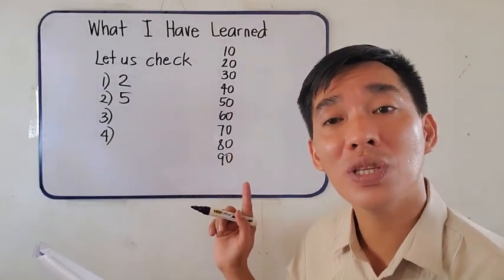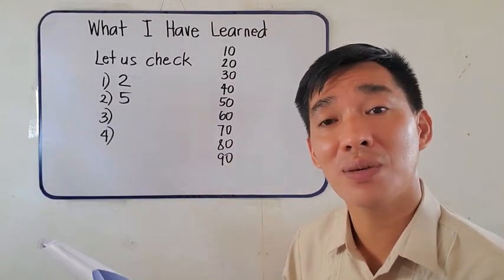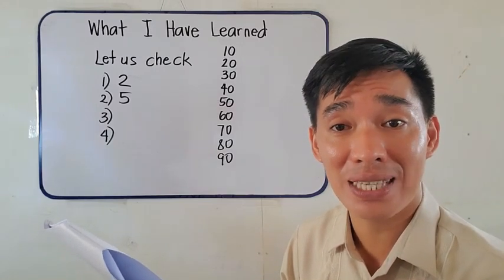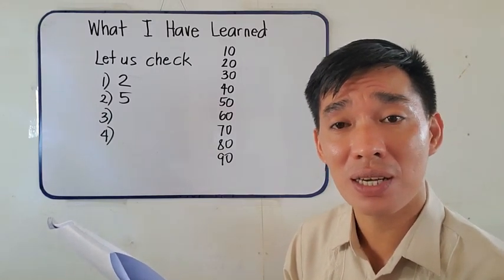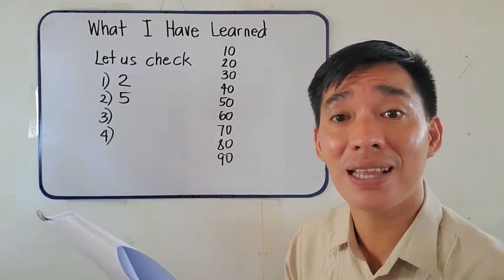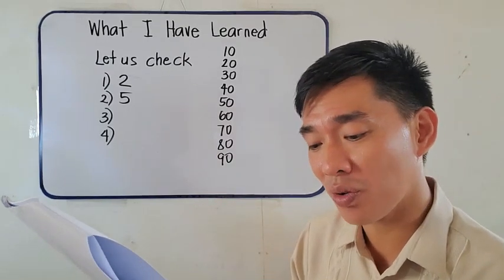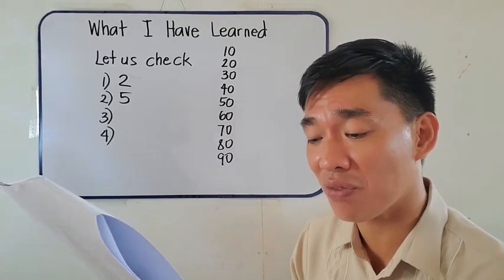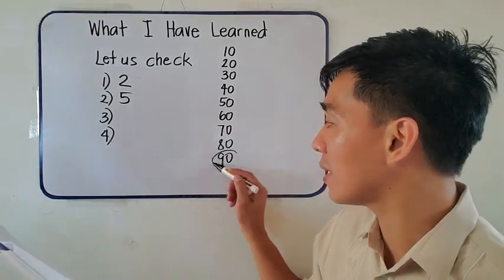These are the 2-digit numbers which are divisible by 10 because these numbers end with 0. But the question is, which among these is the largest? So the correct answer for item number 3, what is the biggest 2-digit number divisible by 10? Obviously, that's 90.